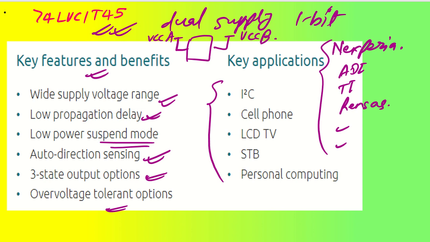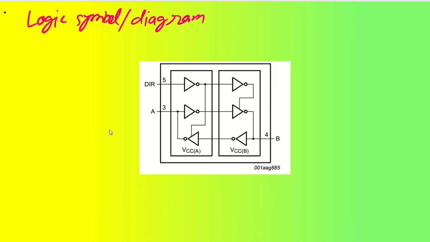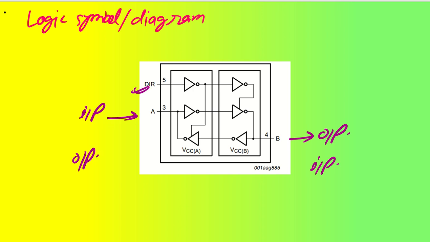So what does the logic diagram or logic symbol look like? Let us say this is my A, which is my input side, and this is B, which is my output side. It can be changed, so it can be input or output based on the direction that you are setting. We have VCCA, the supply voltage at the A side, and VCCB, the supply voltage at the B side.